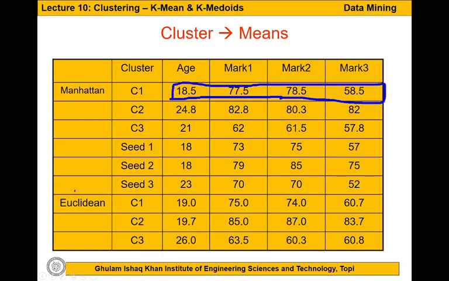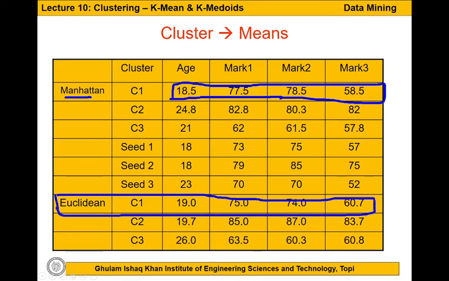If you notice, based upon Manhattan distance we are getting different centroids, different average values, and based upon Euclidean distance we are getting totally different values, and these values were the previous seeds, right?